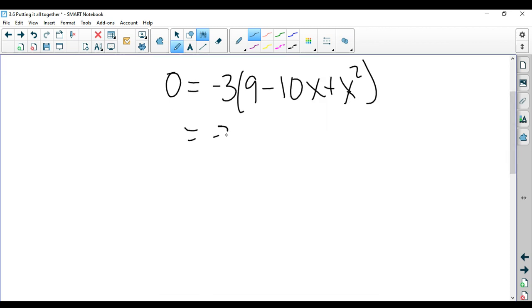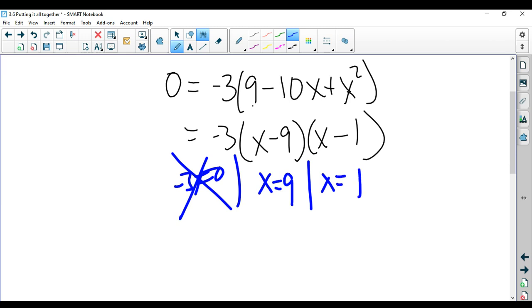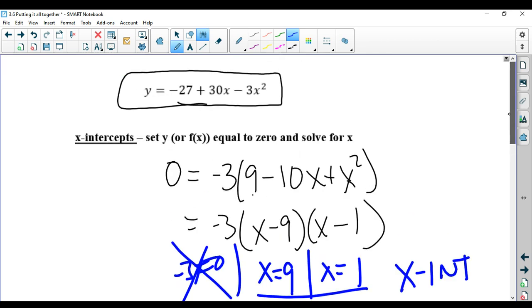I'm going to reorder the factors. Factors of 9 that add up to -10 are x minus 9, x minus 1. So to solve this, -3 doesn't equal 0, so you could ignore that. X minus 9 equals 0 when x equals 9. And x minus 1 equals 0 when x equals 1. So these are the x-intercepts. All you do is set it equal to 0 and solve for x.